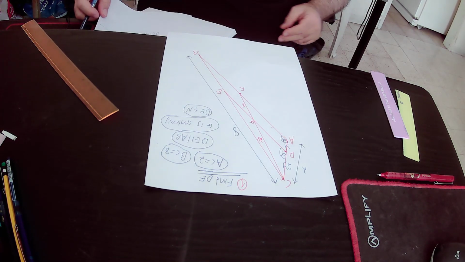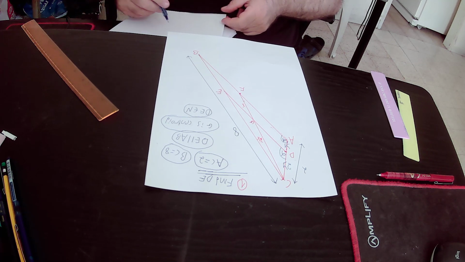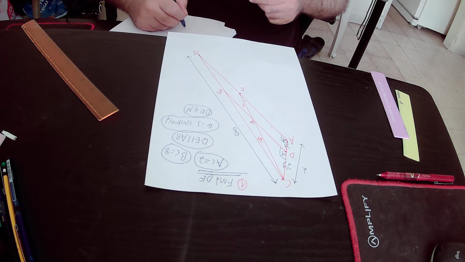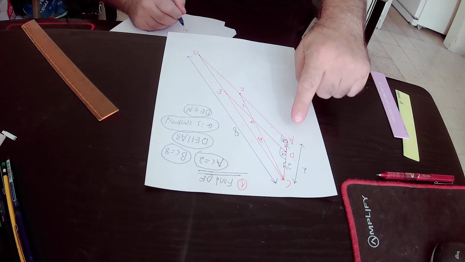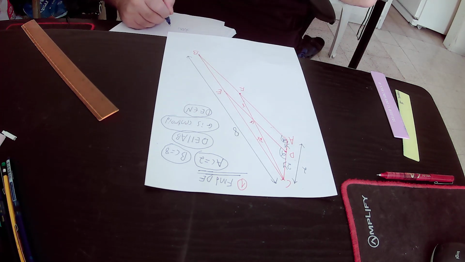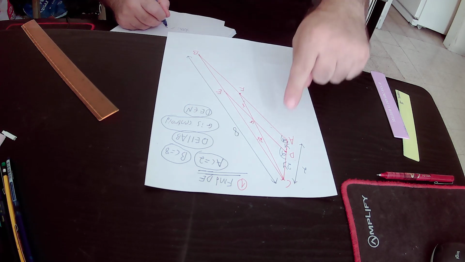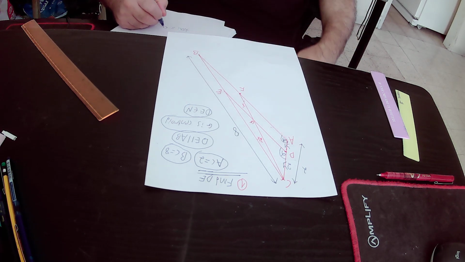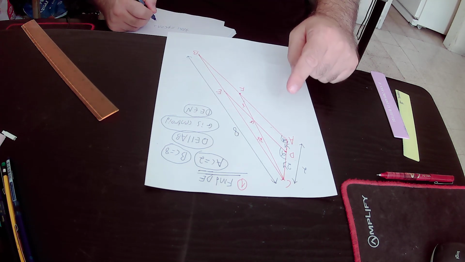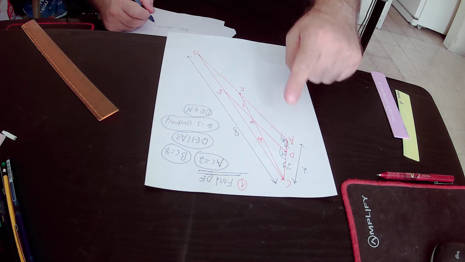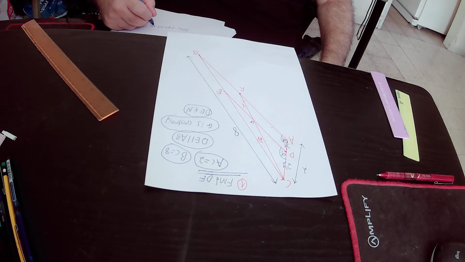Okay, so we write down that angle BAC, this angle, will be equal to angle CDB, this angle, and if one of the angles is equal to alpha, then the other angle will also be equal to alpha.